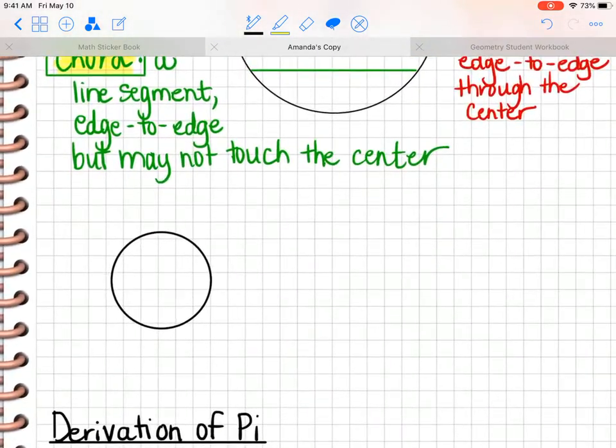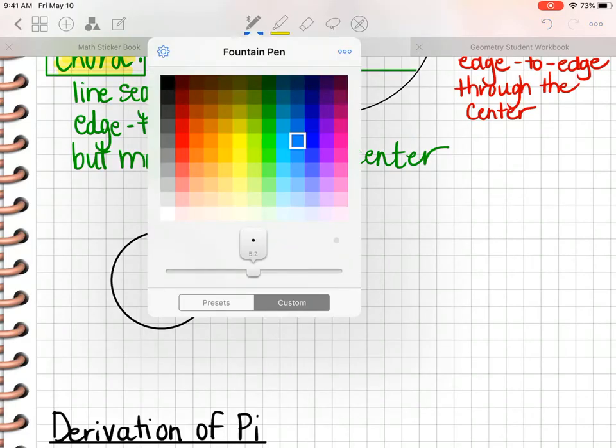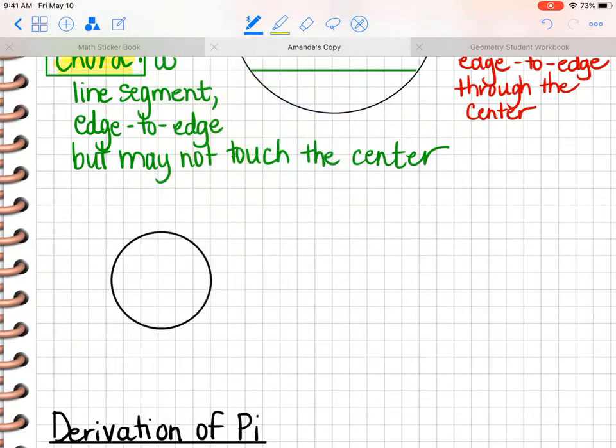Okay, so looking at this particular circle, what if I tell you that radius, get a mental image of radius now, that radius is, let's make this one an easy number to work with now. Let's use 5. Okay.